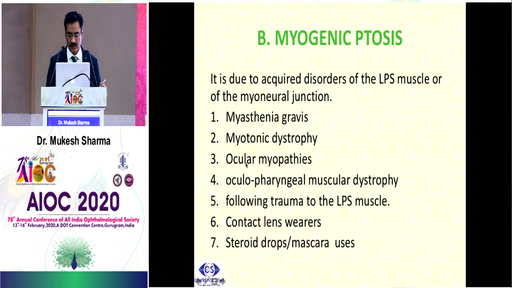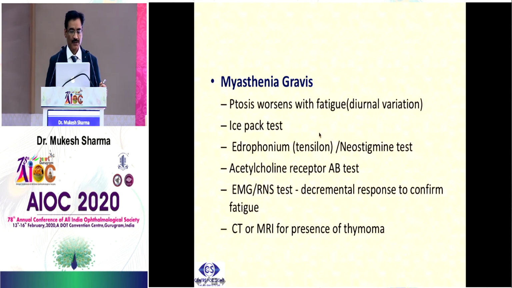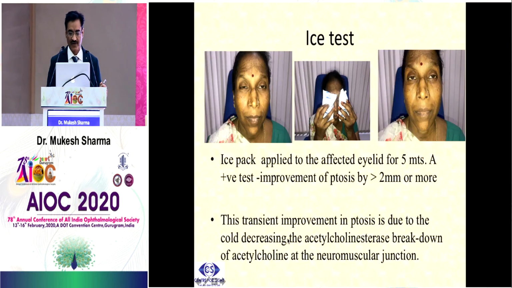Myogenic ptosis, a host of these causes. Myasthenia gravis is a fairly common cause. There are certain findings here in myasthenia, Cogan's lid twitch sign. Then there are certain tests which are done: RNS test, repetitive nerve stimulation test, EMG, edrophonium or neostigmine test, ice pack test, etc. Ptosis gets worsened with fatigue.